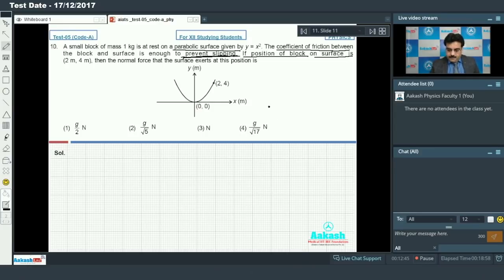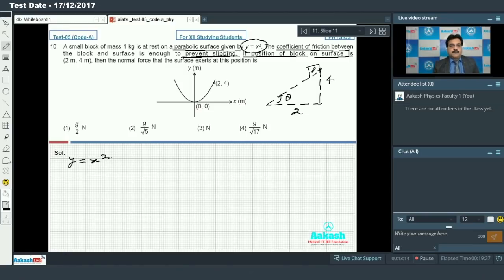So if I make an imaginary situation, or if I consider the given situation just like an inclined plane, you know this is 2 meter and this is 4 meter, and the position of the particle is this. If I consider for a short time, this angle is theta. But according to the problem, the equation is y is equal to x square.